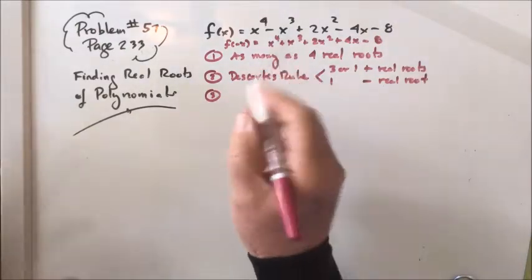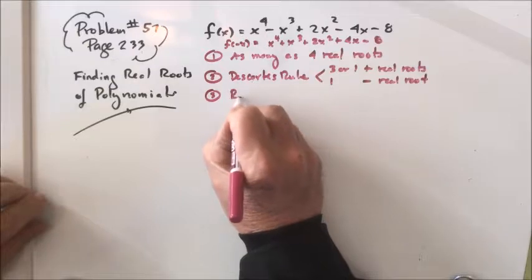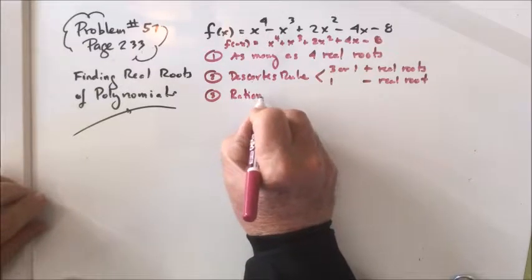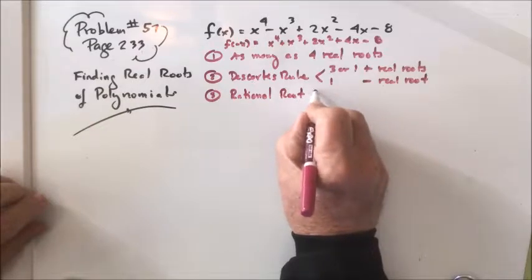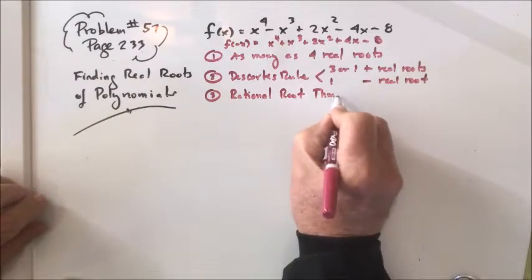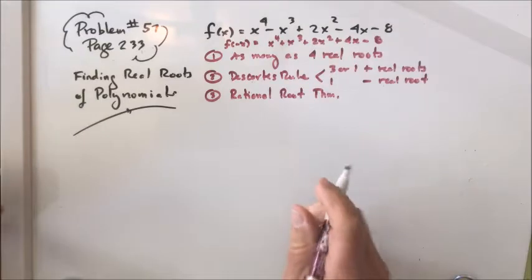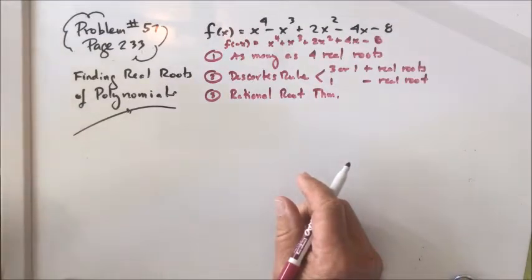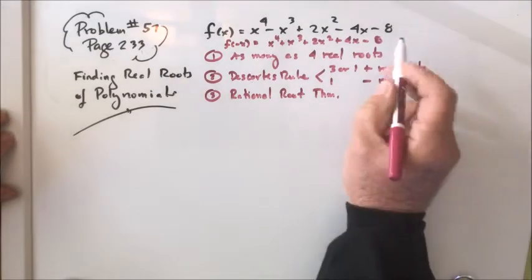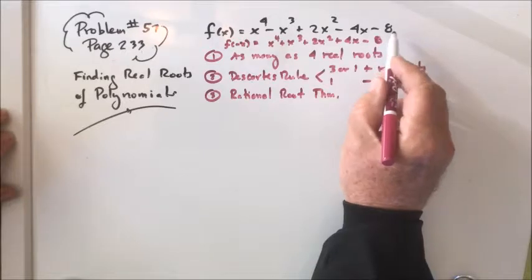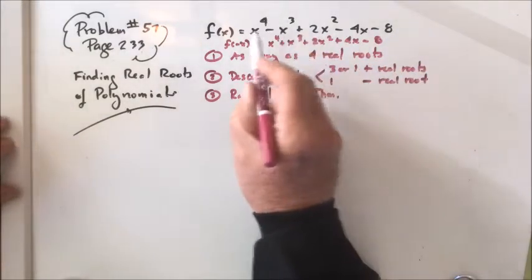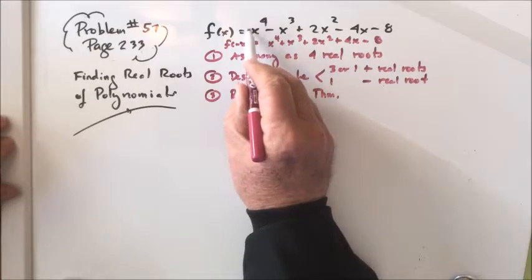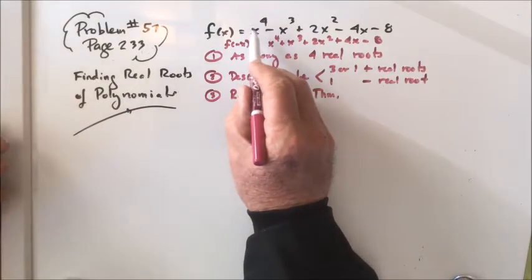And the next step then is to write down all the possible rational roots by using the rational root theorem. It says, of course, that if there is a rational root, then it's a number p over q, where p is one of the factors of the last constant term, and q is one of the factors of the coefficient of the leading term.